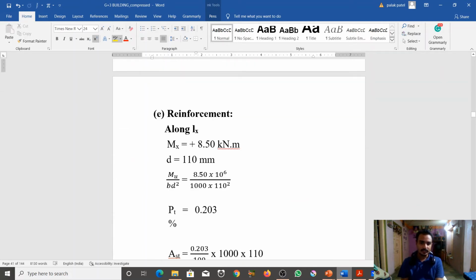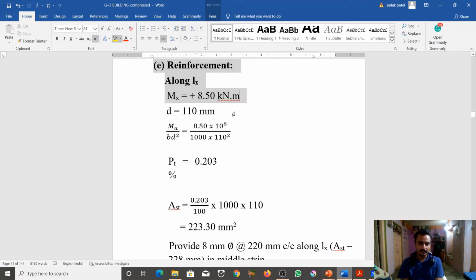Now we have to design the reinforcement along Lx. Along Lx means shorter span. We have to use Mx positive, which is at the center of the slab. So Mx plus 8.50 kilonewton meter.